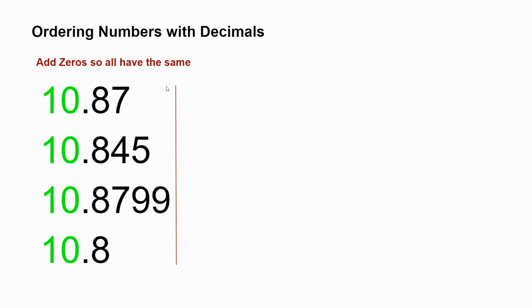So I put a line here that indicates we are going to go out to 4 in each case. I add 2 to the first number, 1 to the second number. We don't have to add any to the third number. And we add 3 to the fourth number. Now they look more consistent, and it makes it easier to compare them.